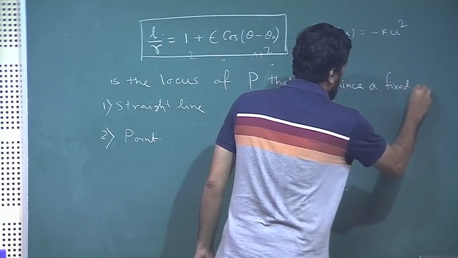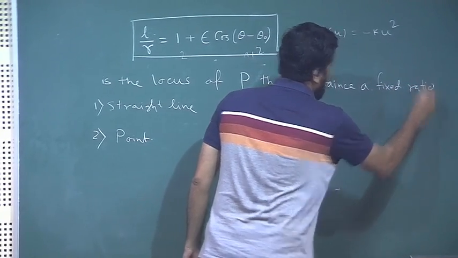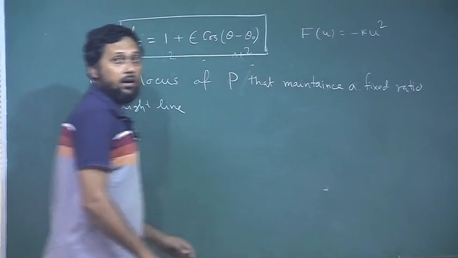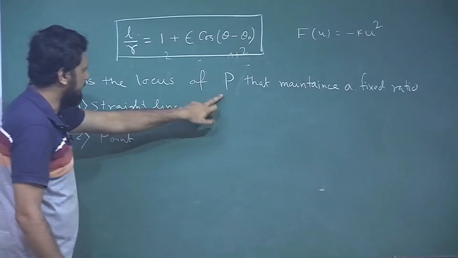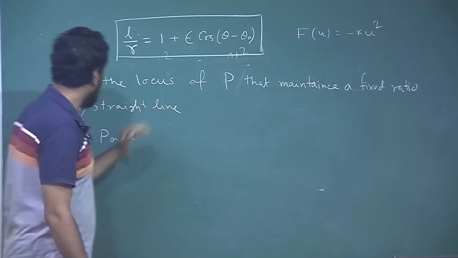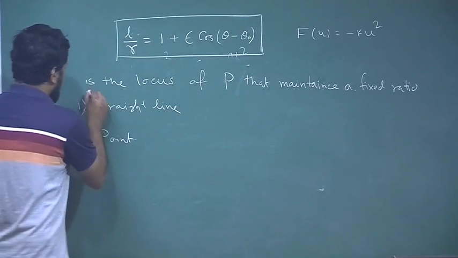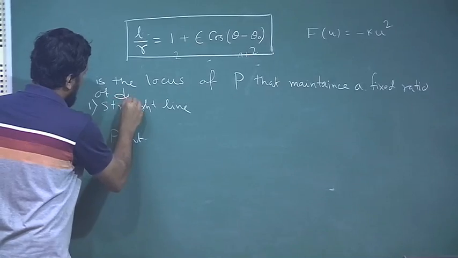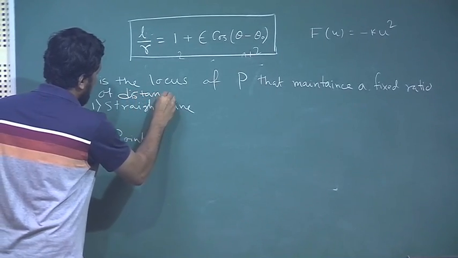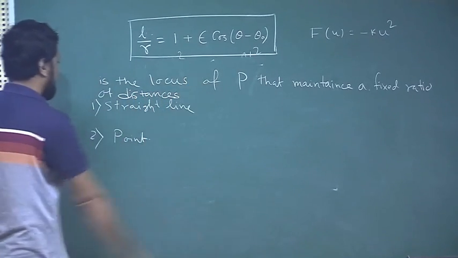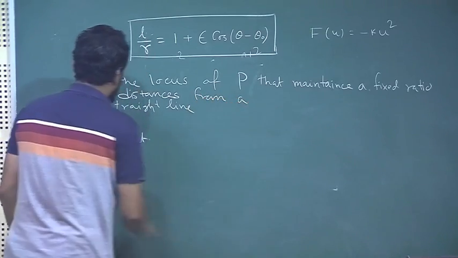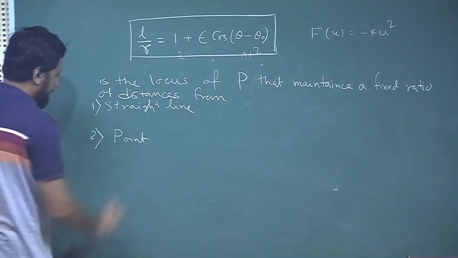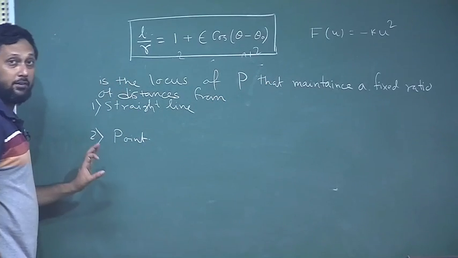I hope it is readable. So, a conic section is the locus of a point P that maintains a fixed ratio of distances from a straight line and a point which is fixed in space.